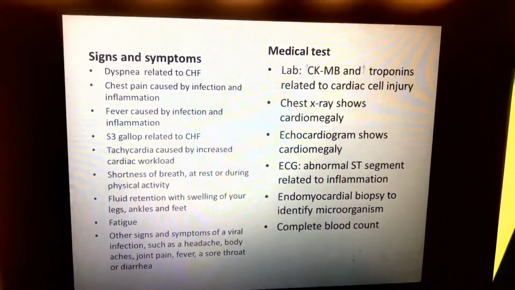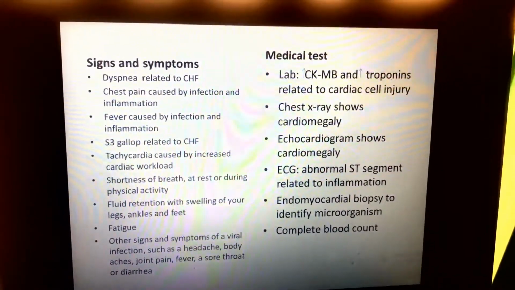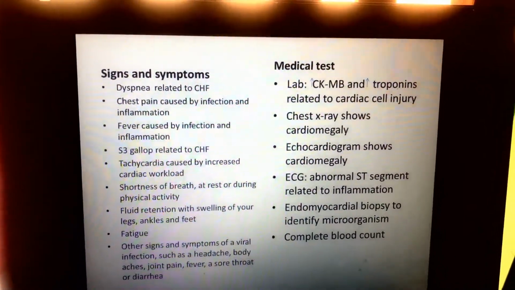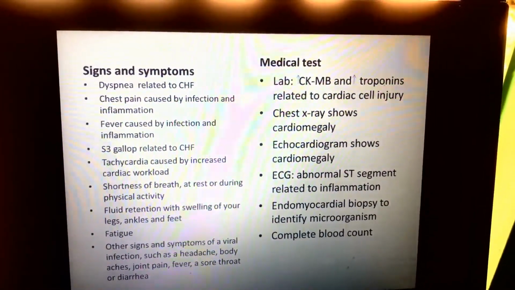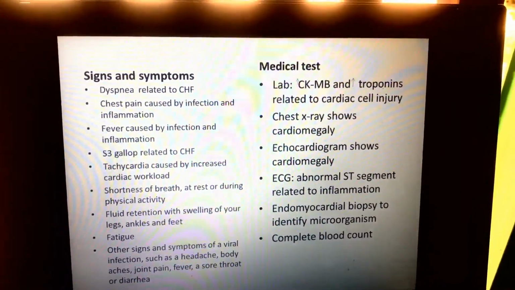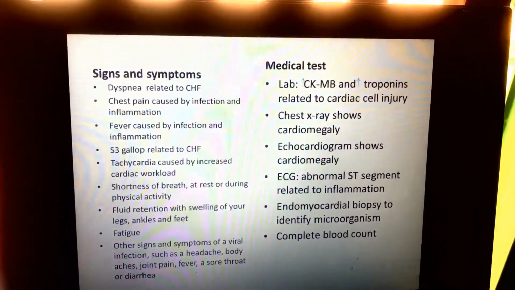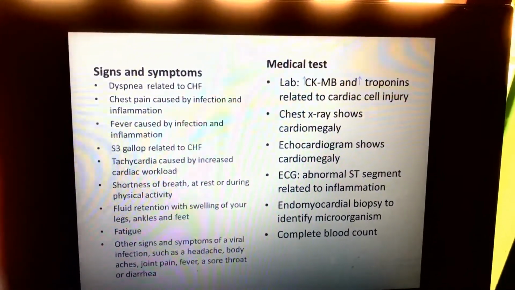Dyspnea during myocarditis, it is explained by what? When you have myocarditis, it can lead to chronic heart failure, of course, because the myocardium is the muscle responsible for heart contraction. When the myocardium is affected, it is understandable that the heart will not contract very well.